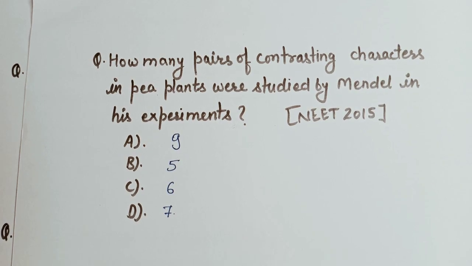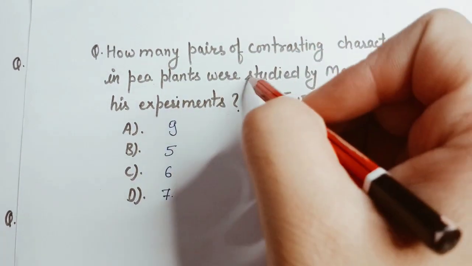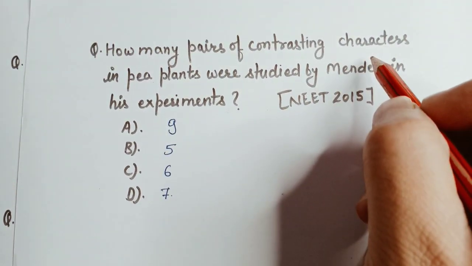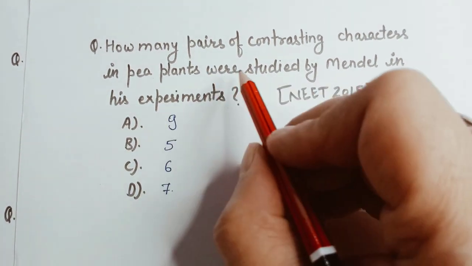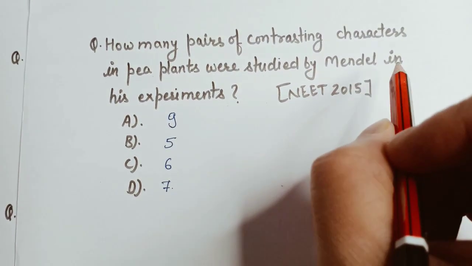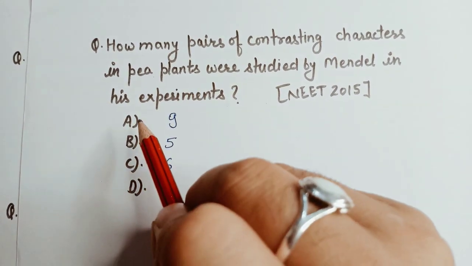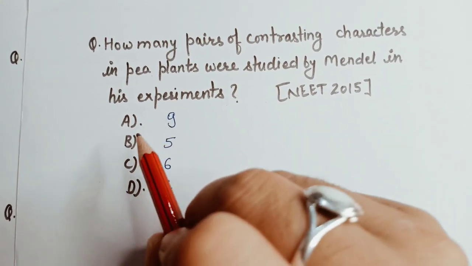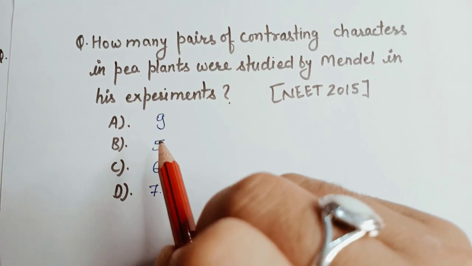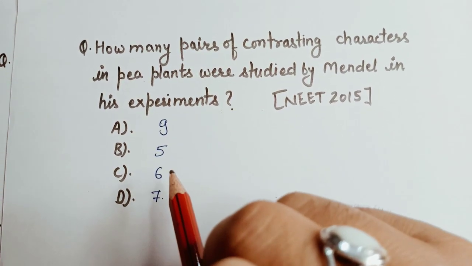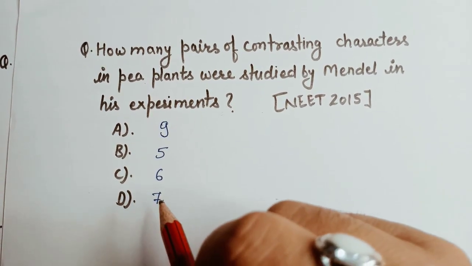Next question is, how many pairs of contrasting character in pea plants were studied by Mendel in his experiments? Options are A. 9, B. 5, C. 6 and D. 7.